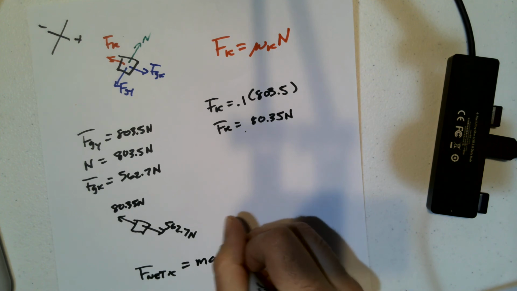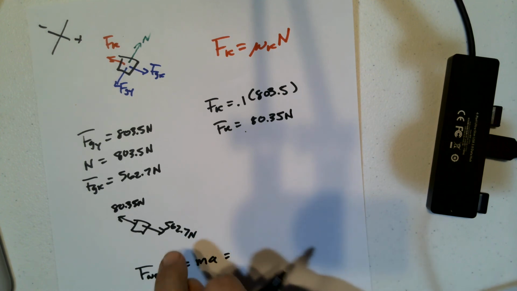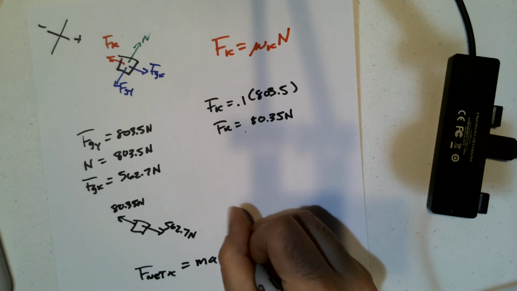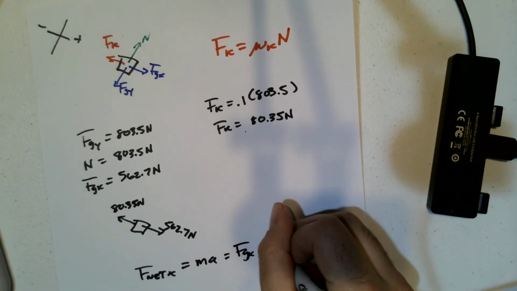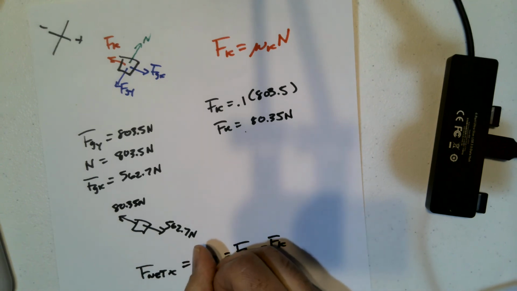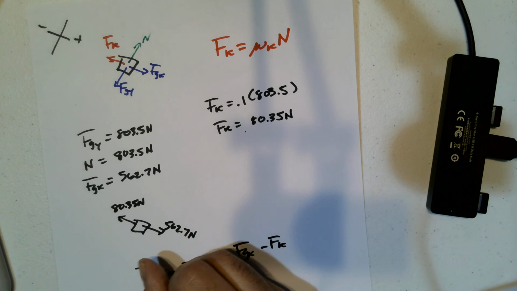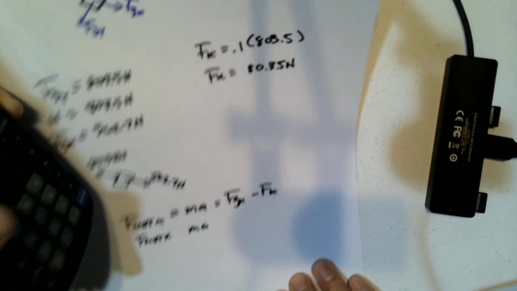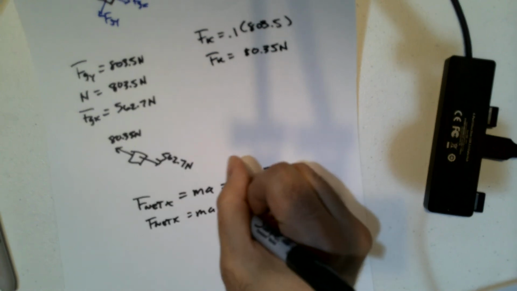Let's look at these two vectors: that's positive, that's negative. This is always our opportunity to write out these forces. I'll write F_gx as positive and F_k as negative, and we happen to know the numerical values of both of these.